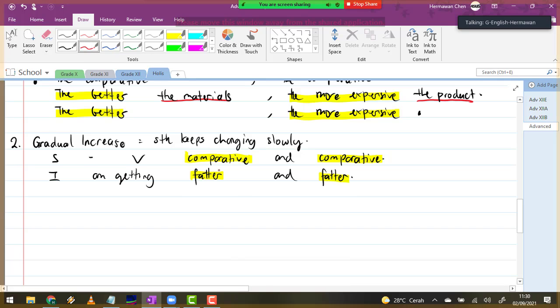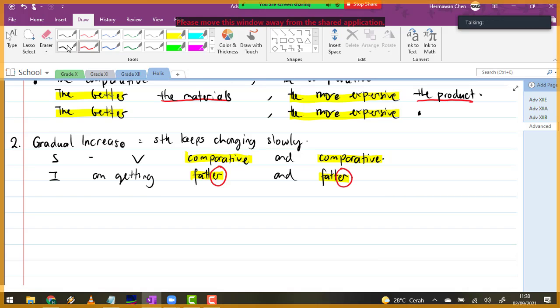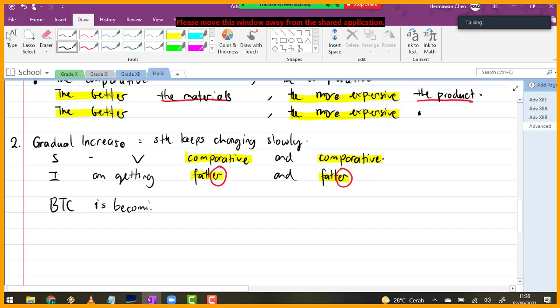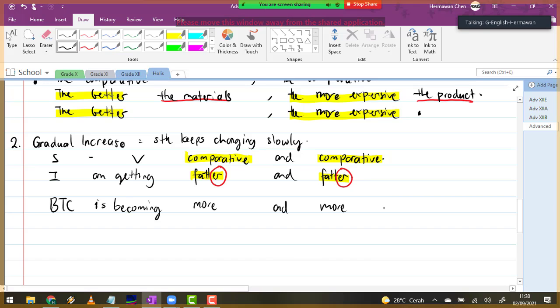Okay, fat is one syllable, that's why we use ER. I'll give you another example using an adjective with more than one syllable. Bitcoin is becoming more and more expensive. More and more.